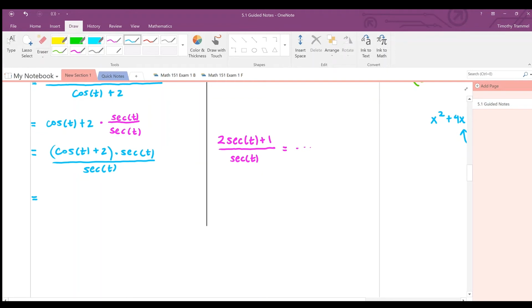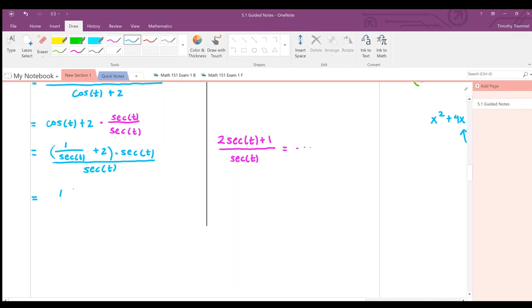Okay. Well, what we could do is distribute that secant of t. And you might remember, cosine of t is just 1 over secant of t, right? So if we distribute this secant of t, secant of t times 1 over secant of t is just going to be 1.